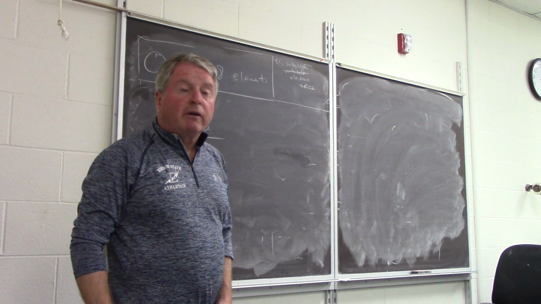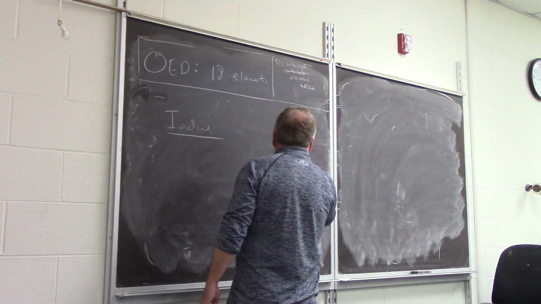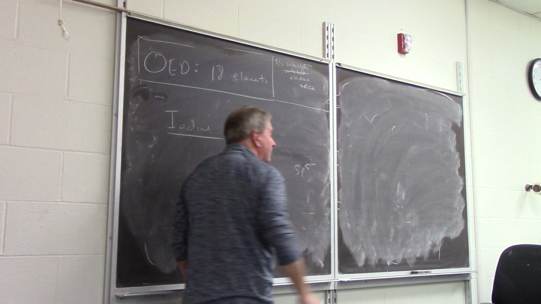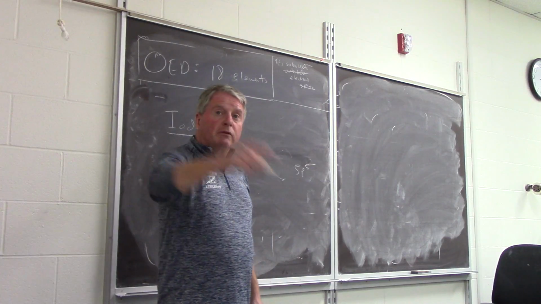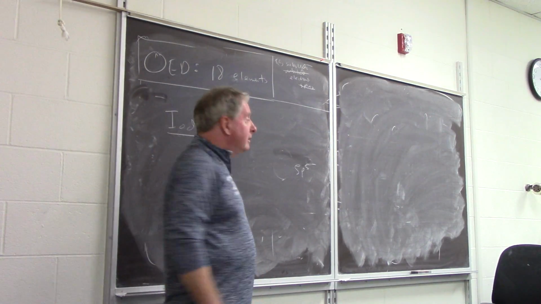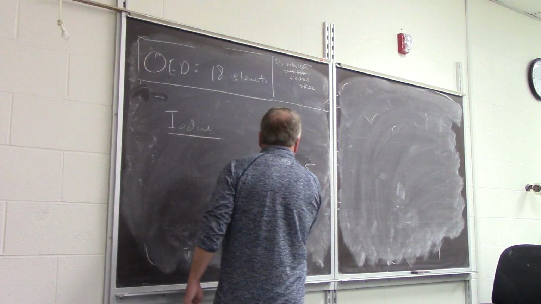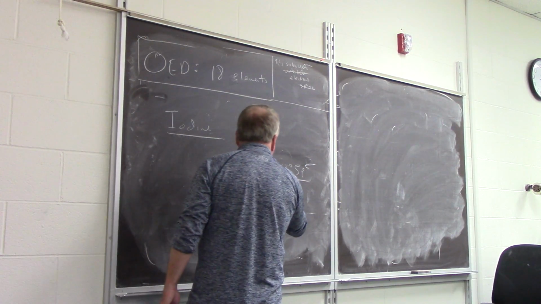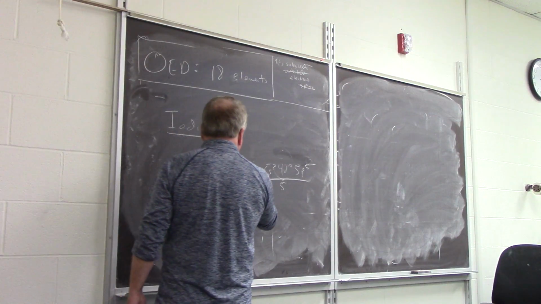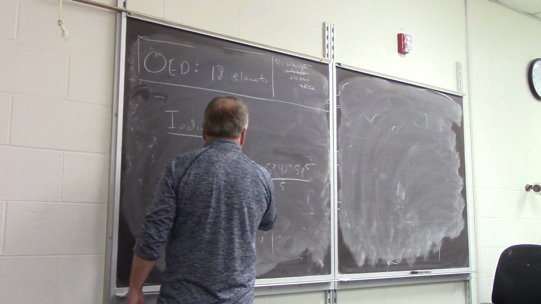So it's found in row 5, so 5 and 5p5. Then you have to go through the 4d10 and 5s2. You get out of that row, and you go into the 4th row, and you have 4p6, 3d10.